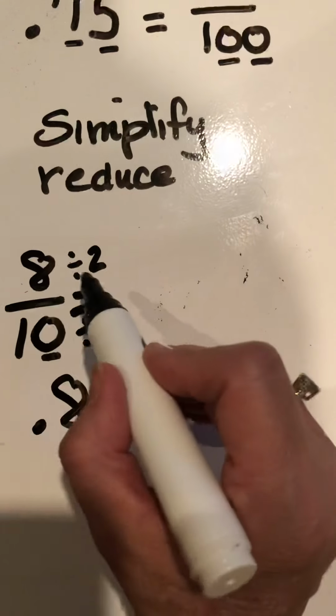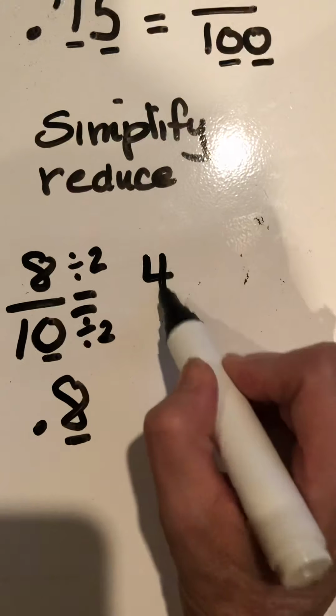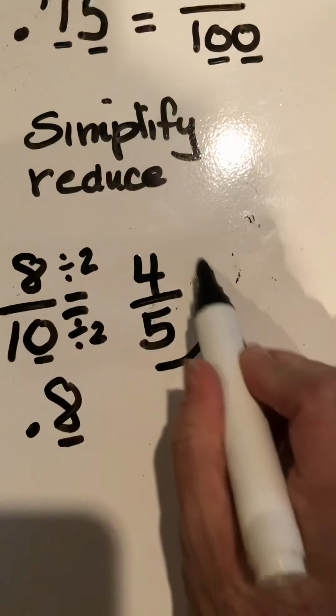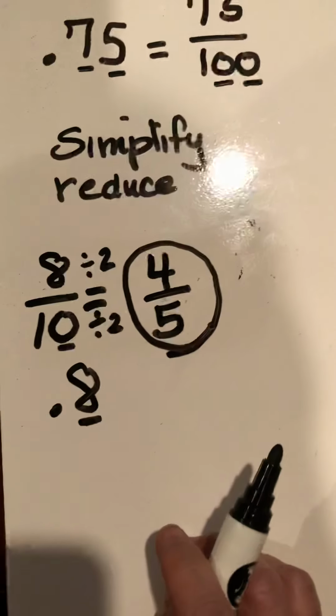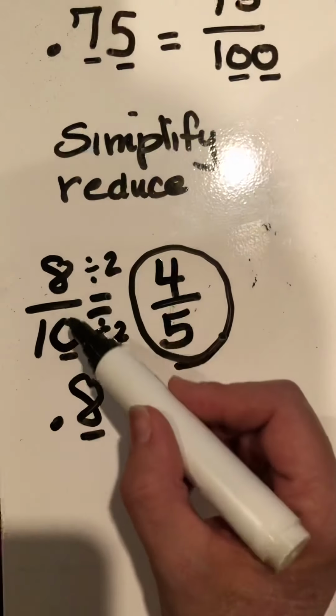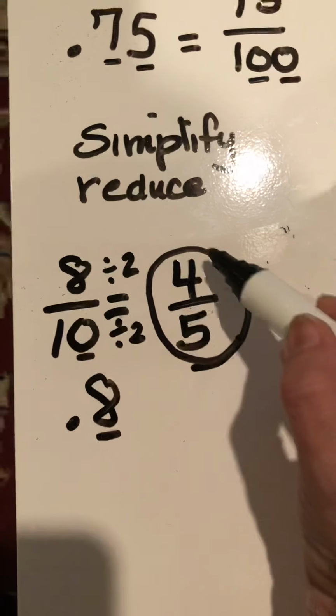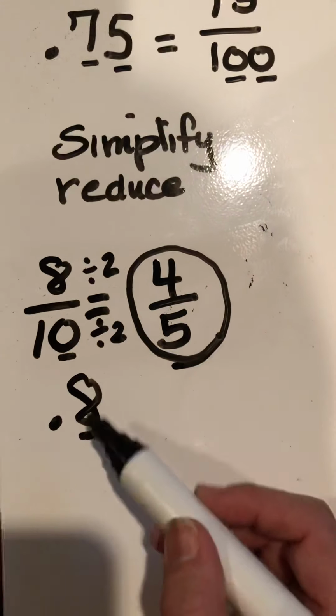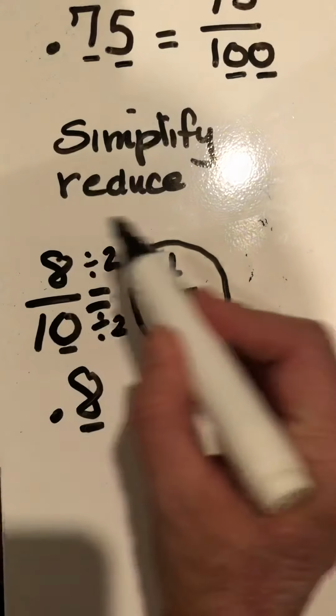Okay? 8 divided by 2 is 4. 10 divided by 2 is 5. This is your simplified answer. These actually are all equal. 8/10 is the same thing as 4/5, and 0.8. They're all equal. Okay?